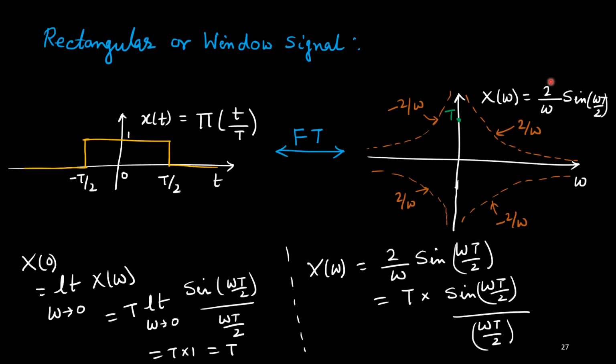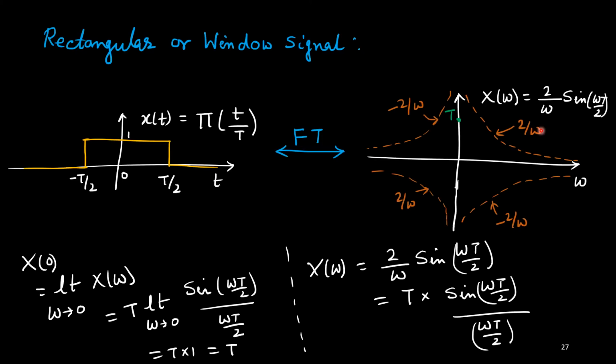Whenever 2 upon omega is multiplied with sine or cos functions, it gives some envelope, because the sine or cos function fluctuates between 1 and minus 1. When it becomes 1, it touches the upper envelope, and when it becomes minus 1, it touches the negative envelope. So 2 upon omega is the positive envelope.